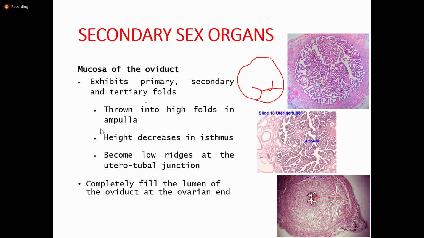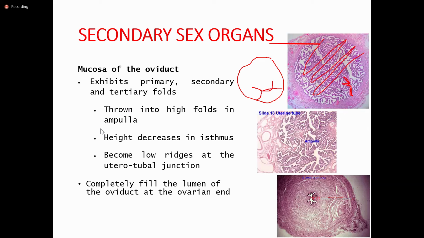And I just want you to take note that in the ampulla, if we try to take a look with the folds, halos ma-occupy na ng buong lumen yung mga folds. So this one is the ampulla. Look at this. This one is the primary, and then we have the secondary fold here, and then we have the tertiary fold.